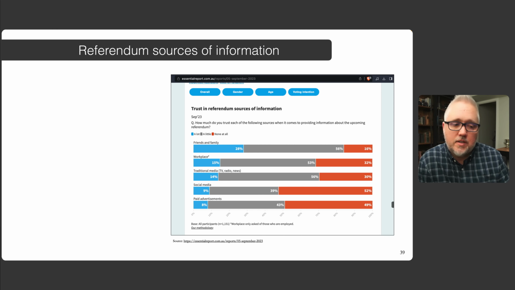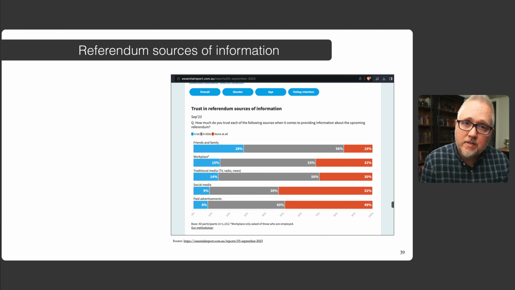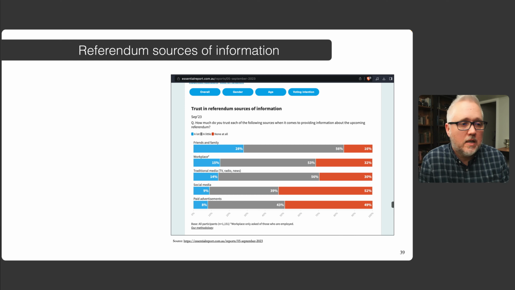And what's interesting is a lot of my students now are becoming increasingly interested in understanding misinformation, or where people get their information and how that might shape people's beliefs about what's going on in the world. And so I thought this was interesting. In this poll, they also show the answers to a question about where people got their information, in this case about the referendum.